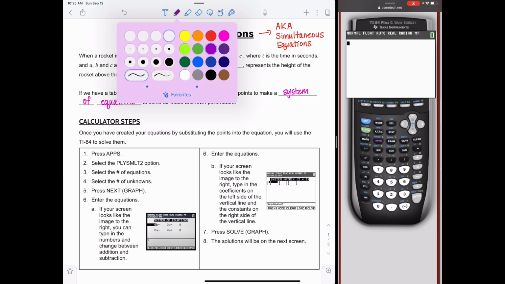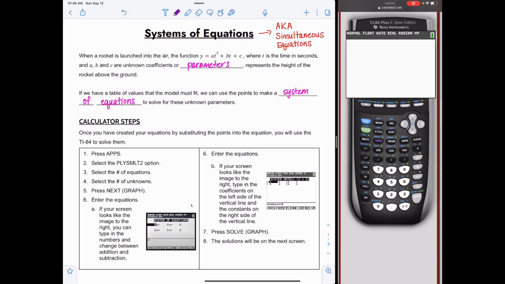And then you're going to enter in your system of equations. When it comes to entering in your system of equations, your screen will either look like this or it will look like this. If your screen looks like the first one, then you are going to type your numbers in and change between addition and subtraction depending on which one you have.